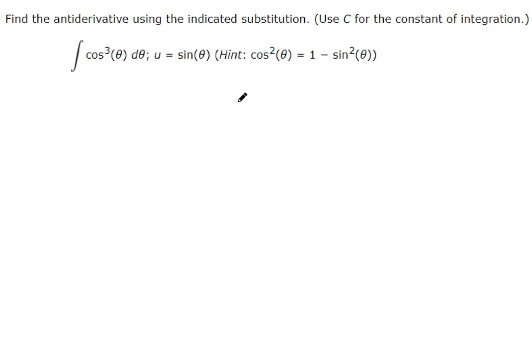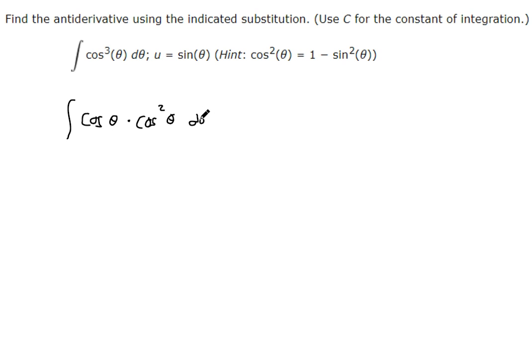So this one's given us a hint. And since we don't have that du, they've also given you a hint to help you find out what it's going to take to get that du. They said use the fact that cosine squared theta is 1 minus sine squared theta. So here, this is cosine theta times cosine squared theta, right?